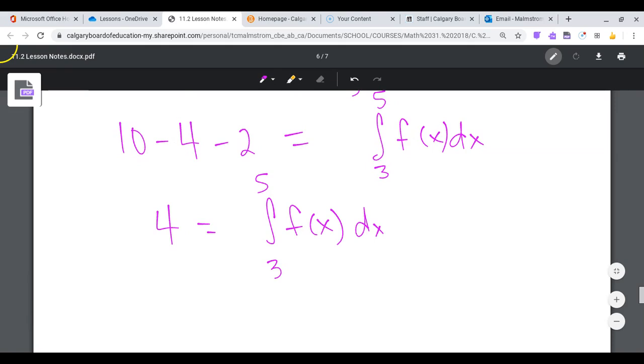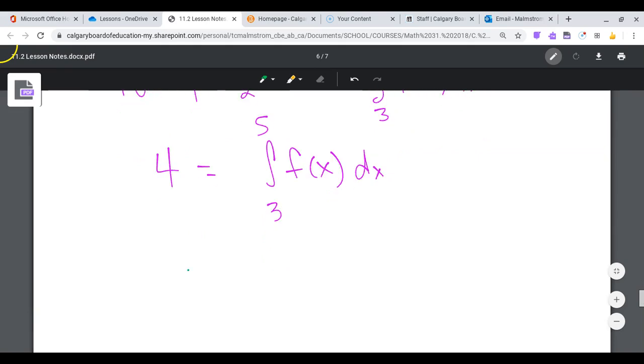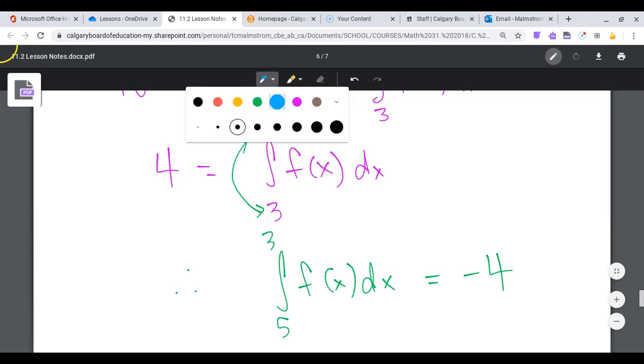What was the question? The question was from 5 to 3. So I just need to use that same rule we used with the 10. If I'm going to switch my boundaries, then I have to take the number and multiply it by -1. So the answer would be -4.